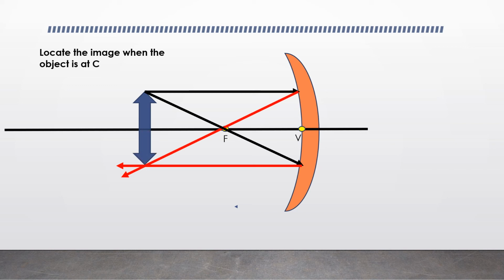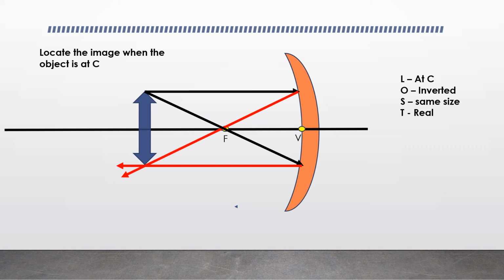Okay, so now describe the image formed. Where can you find the image? Of course, the image is located at C. The orientation is inverted. The size of the image is the same size as the object. And then the type of the image is real. So, easy, right?